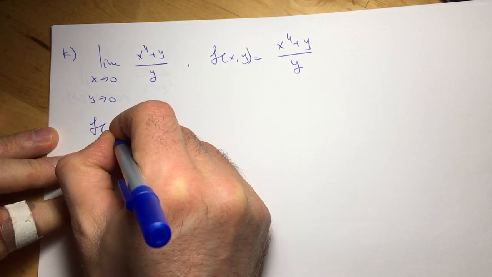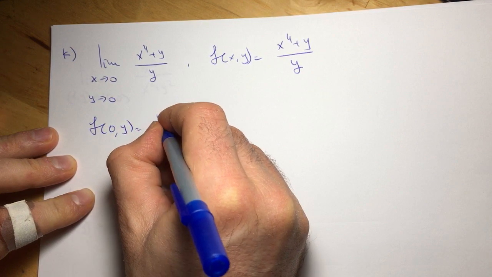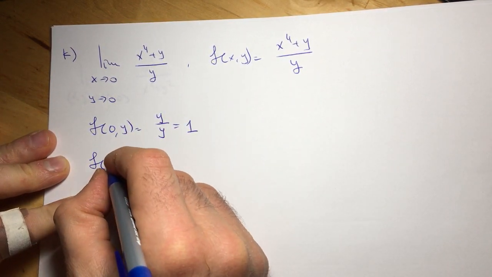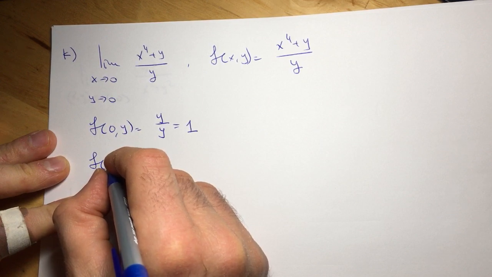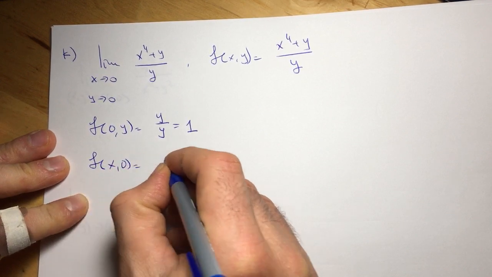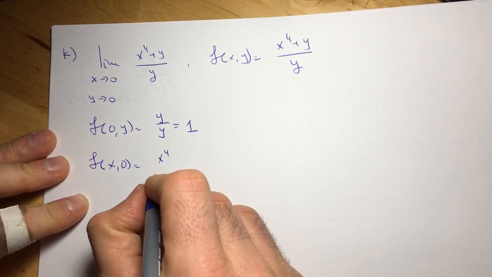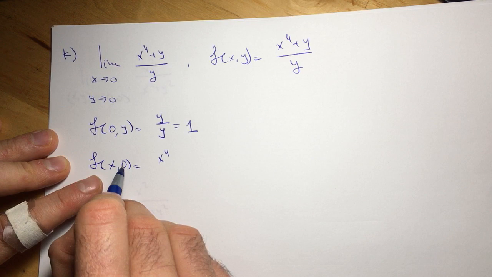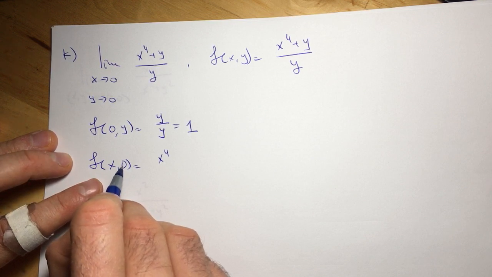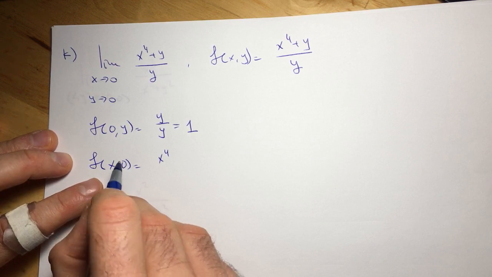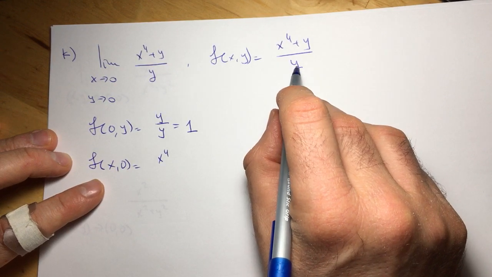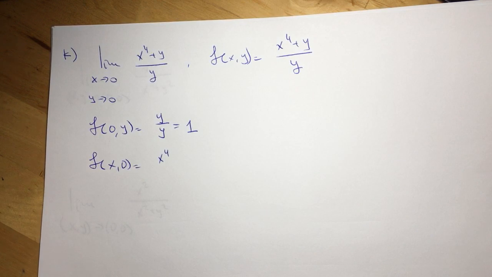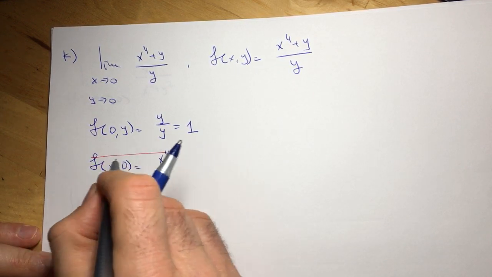So f of 0 y is equal to y over y, which is equal to 1, and f of x 0 is x to the power of 4 over 0. Well, I cannot use this. I cannot approach this function along the x-axis, because in the denominator I only have y, so this is not an option.